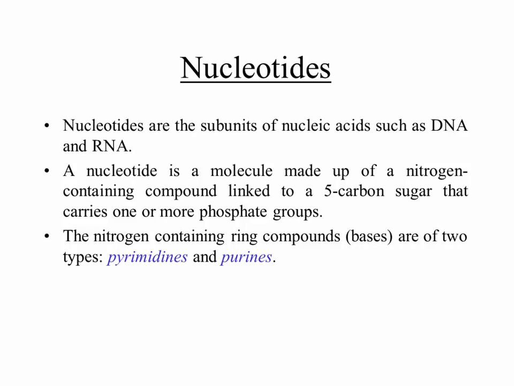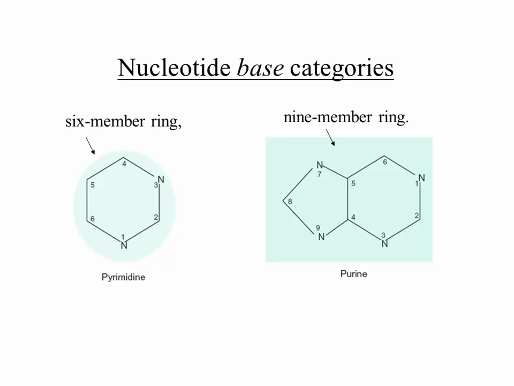Now the nitrogen-containing ring compounds, or bases, are of 2 types, pyrimidines and purines. One of them will have a 9-member ring, the other one will have a 6-member ring. I'll give you examples of that. So for the nucleotide base categories, if you have a 6-member ring, that molecule is a pyrimidine. If you have a 9-member ring, that molecule is a purine.